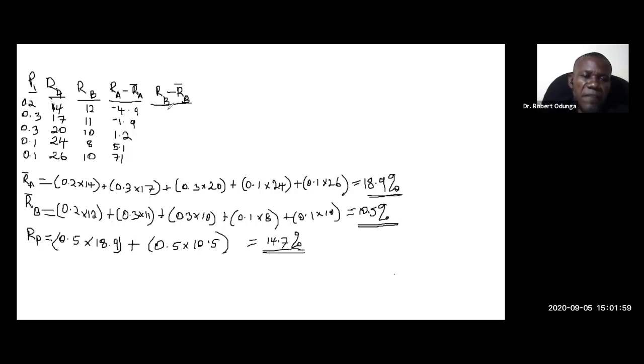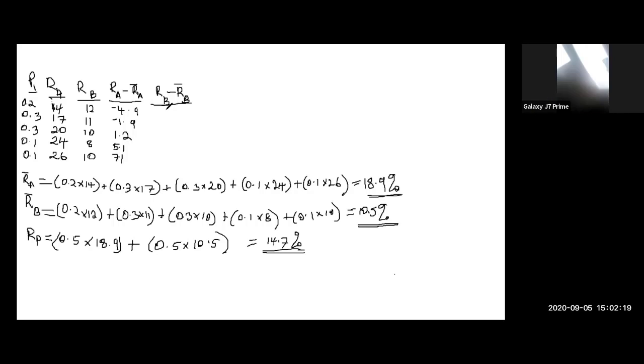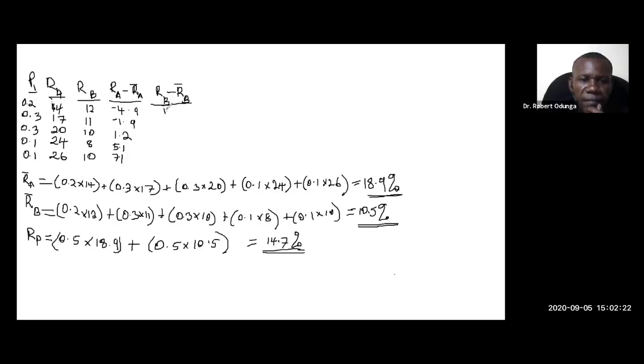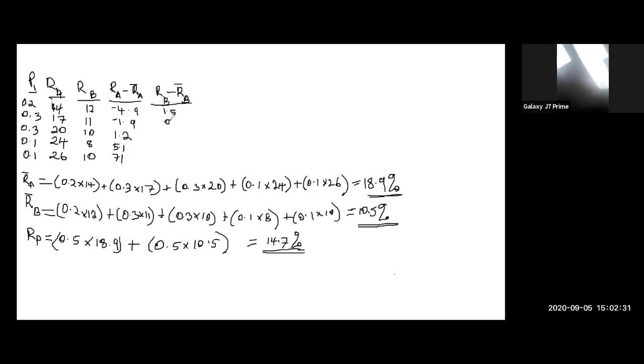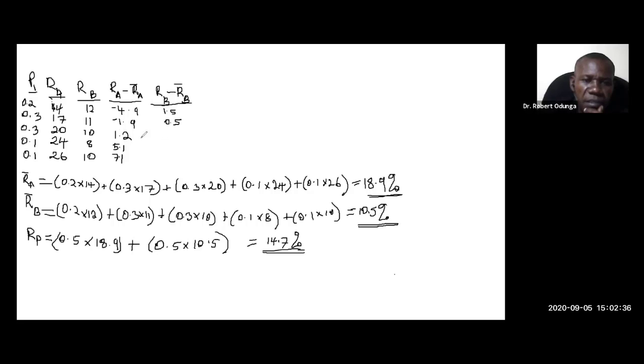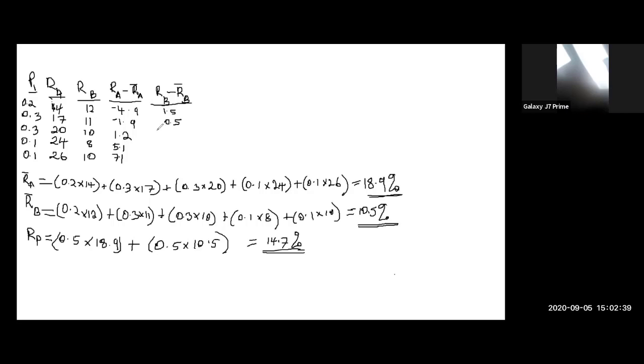Can you work out for B and give me the figures? 12 minus 10.5, positive 1.5. Then 11 minus 10.5, 0.5. Then the next one, negative 0.5.